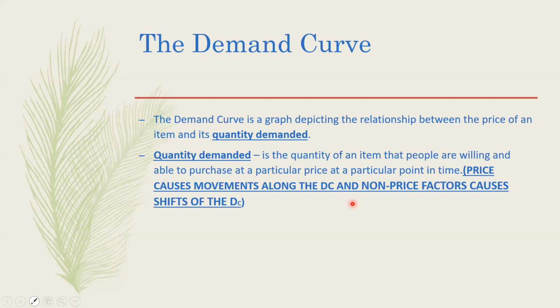And non-price factors, which we saw in previous slides, like income of consumers, will cause shifts of the demand curve. So let us understand what a movement along the demand curve is and what a shift of the demand curve is. Let us see what that basically represents.